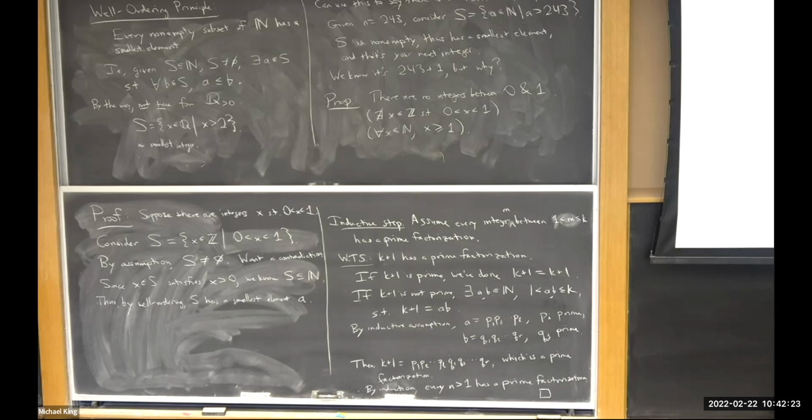I said all the axioms for the rationals work for the integers except the well ordering principle. So just to give you an idea of how this proof is going to go, without just doing it and not motivating it at all, let's see what would go wrong with the well ordering principle if 1/2 was an integer.